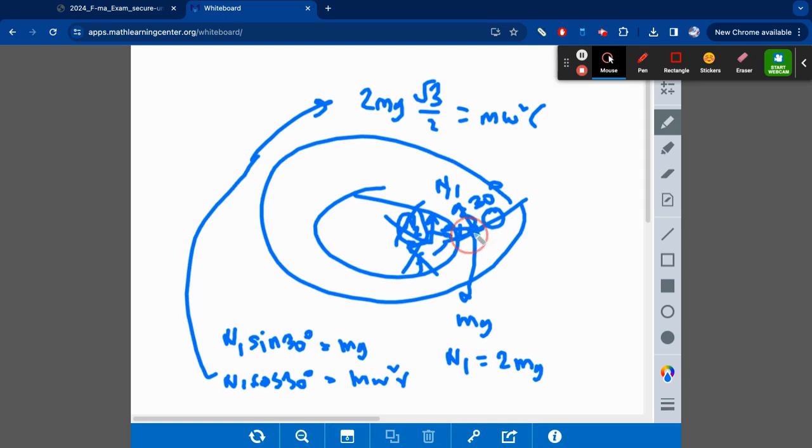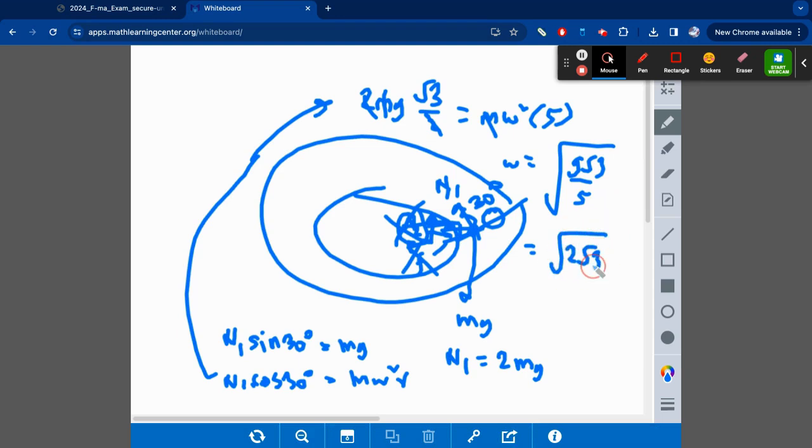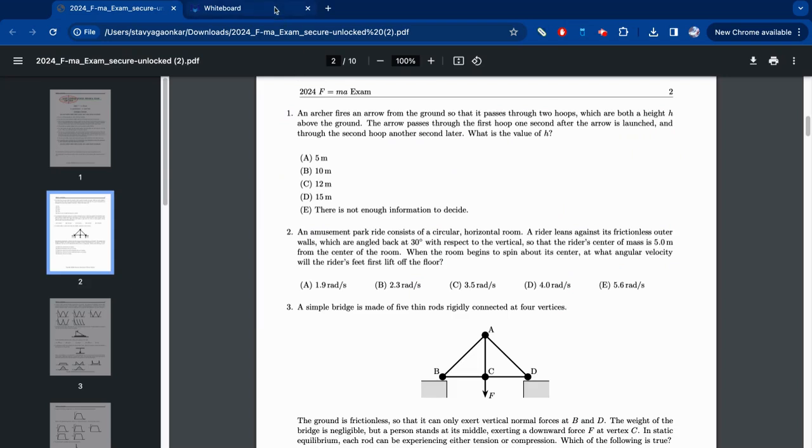So r is just the distance of the rider's center of mass from the center, which was given to be 5. Once we plug these in, we get that w equals the square root of g root 3 over 5, which is the square root of 2 root 3, which is roughly 1.9. So our answer is A.